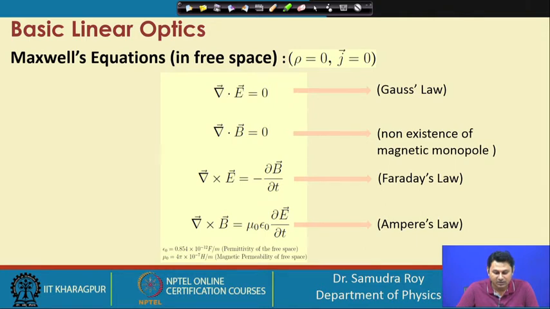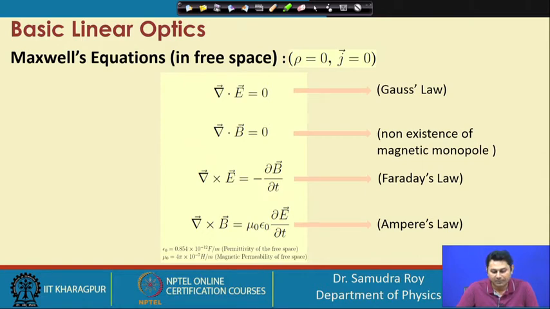The second equation, grad dot B equal to 0, is also called Gauss's law for magnetism, and this law has a physical significance: magnetic monopoles do not exist.